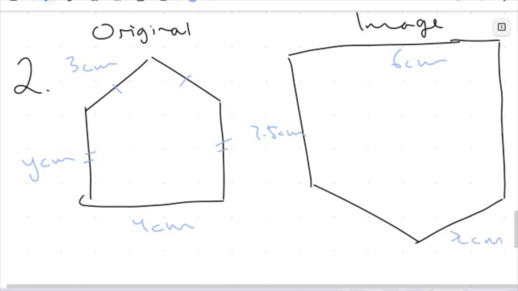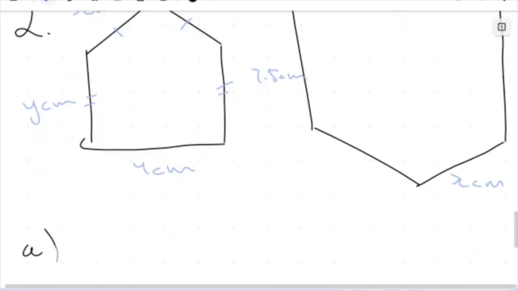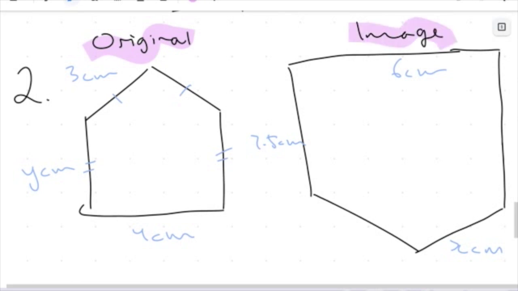Okay, now I want to make some calculations. So first of all, in my part A, I want to find the scale factor. So I want to match a side from one of these, my original, to a side in my image as well.